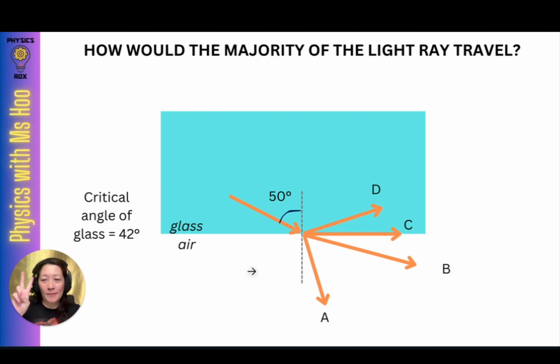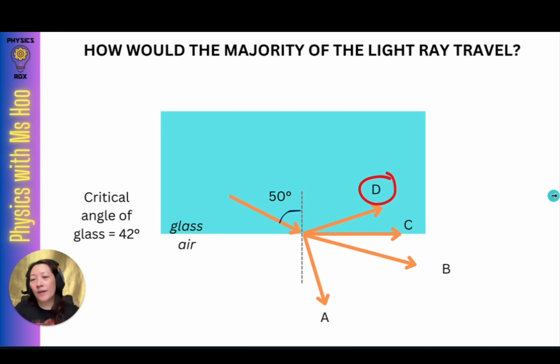And yes, every time I do this, Canva likes to give me balloons. There we go. So the second condition is also fulfilled, which means that the light ray will now be undergoing total internal reflection. So not only is the majority of the light ray traveling to D, actually all of the light rays are traveling to D. Light is undergoing total internal reflection. It's 100% reflected back into the glass block itself.